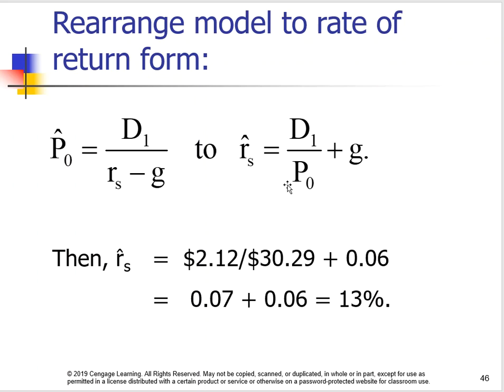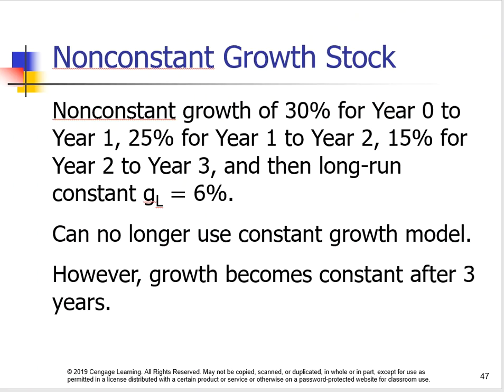If the expected return was greater than the required return, everybody would flock to buy this stock and drive the price up, until the expected return and the required return are equal. So sometimes we use the models interchangeably, but it's important to know that they are different models. Just like we did with free cash flows, we're going to do non-constant growth.